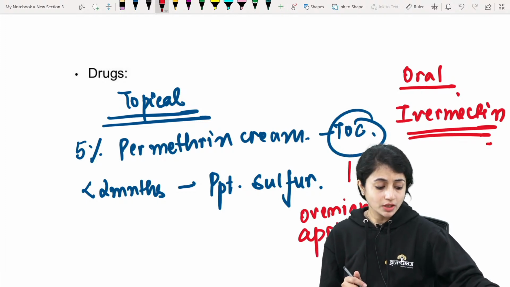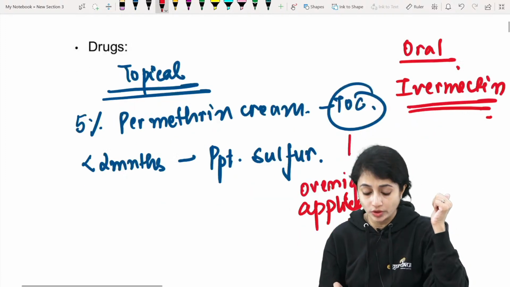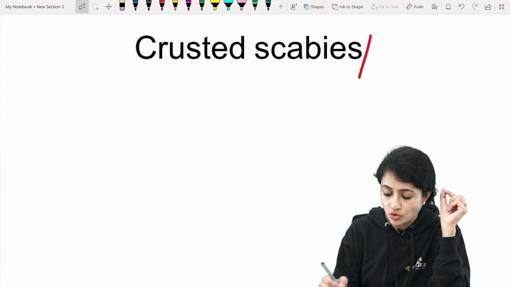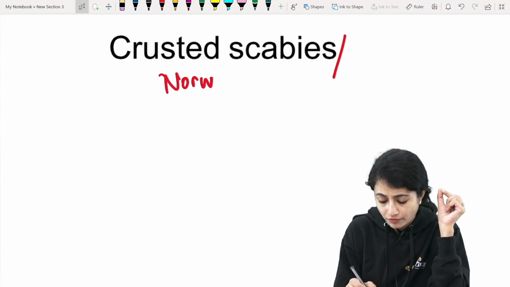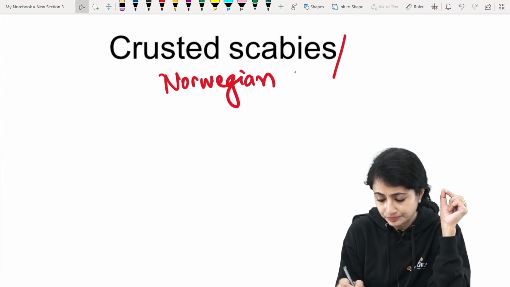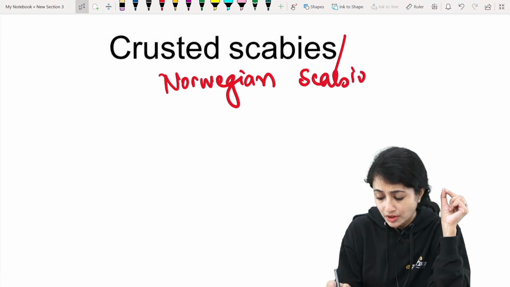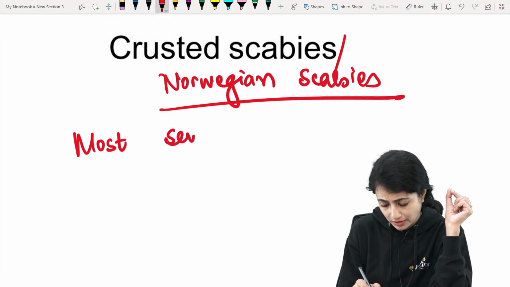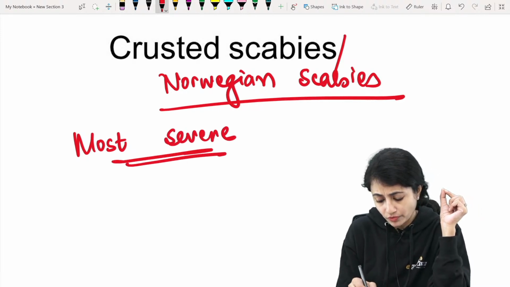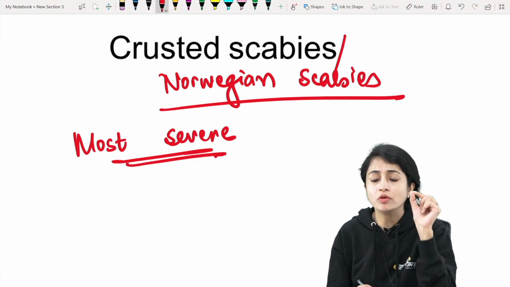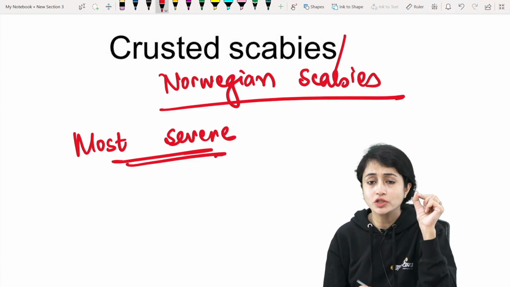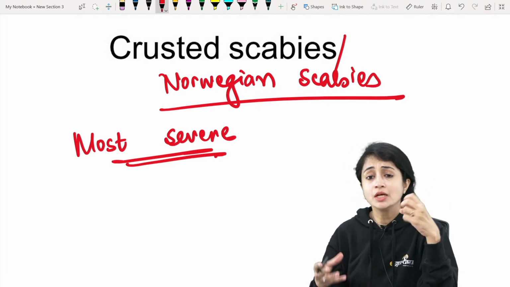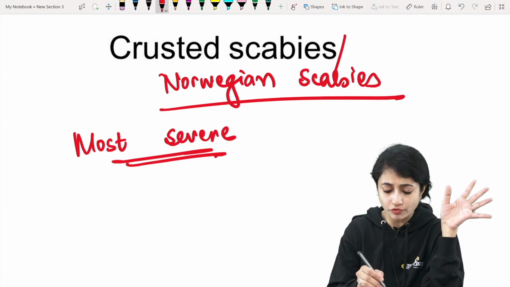Okay, so these are the important things that you should be knowing about scabies. A word about crusted scabies, which is also called Norwegian scabies. Just remember that this is the most severe form of scabies. Why is it the most severe form? It is occurring in individuals who are neurologically compromised. So what happens is they harbor millions of mites.